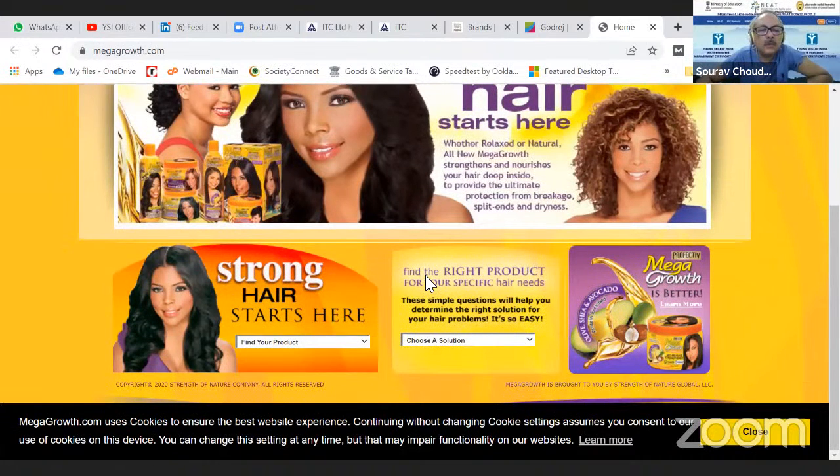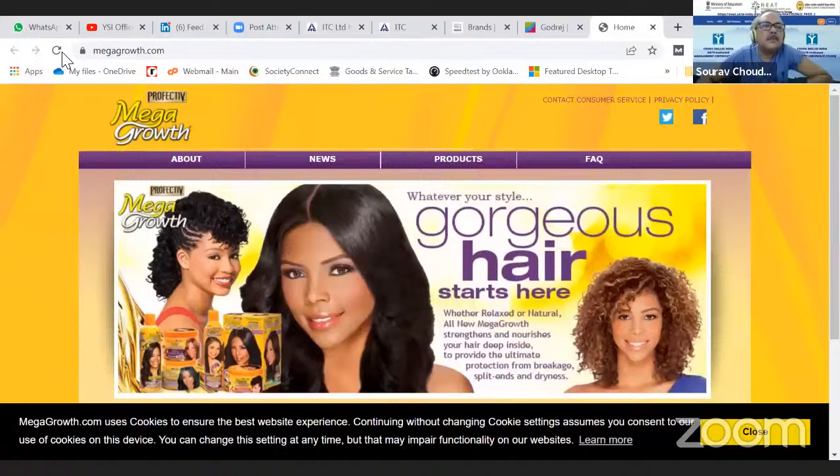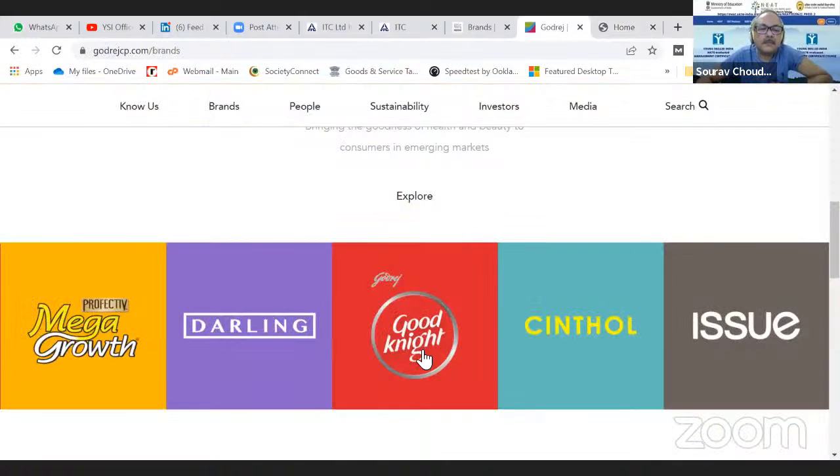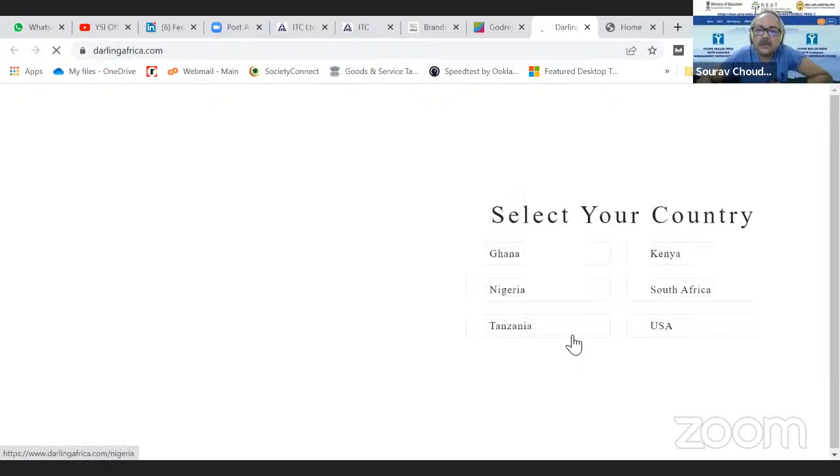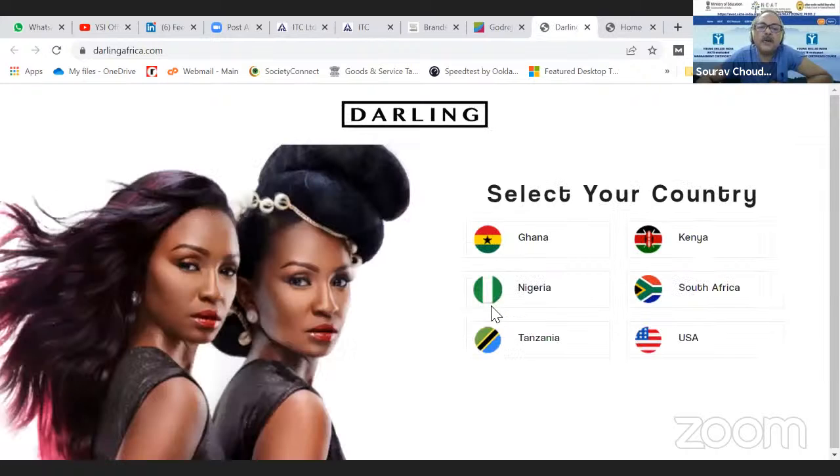Okay, so it's not there. It's not a Godrej. Darling. So many brands they put. It has a house of brands also. So these are all exported brands.